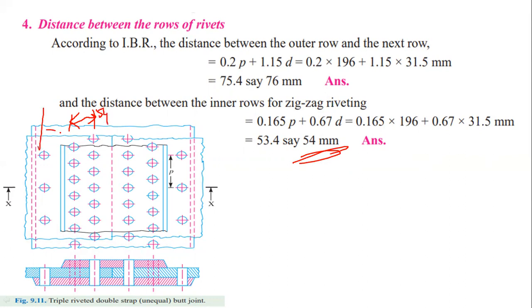For outer rows, you have to use row pitch as 76 mm. So this is the row pitch for outer rows. This is the row pitch for inner rows. These two are the different formulas for determining the row pitch.